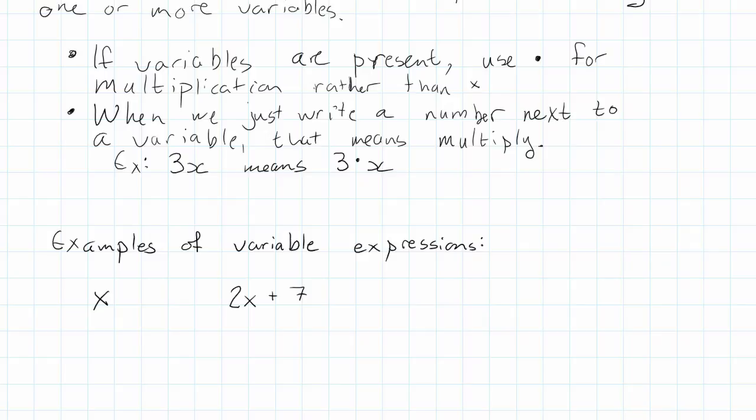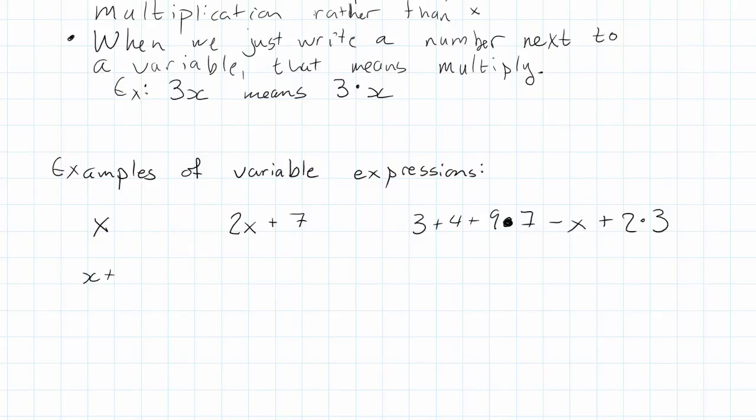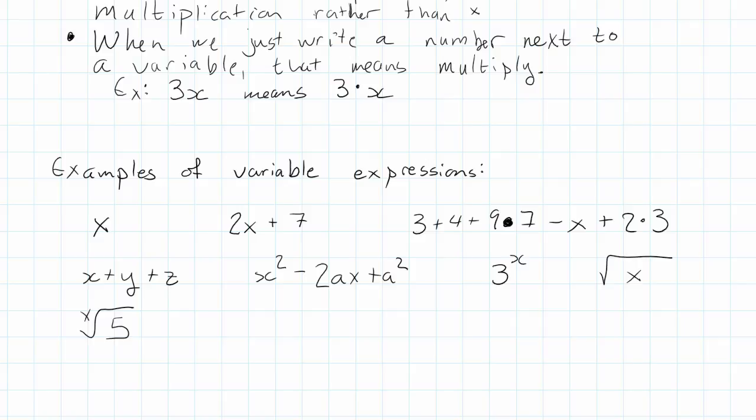We could have an expression that involves doing a bunch of arithmetic that happens to include a variable. We can have one variable, or we can have several variables. We can write a variable anywhere that we could write a number. The only rule is that if we replaced all the variables with numbers, we would be able to actually do the arithmetic.